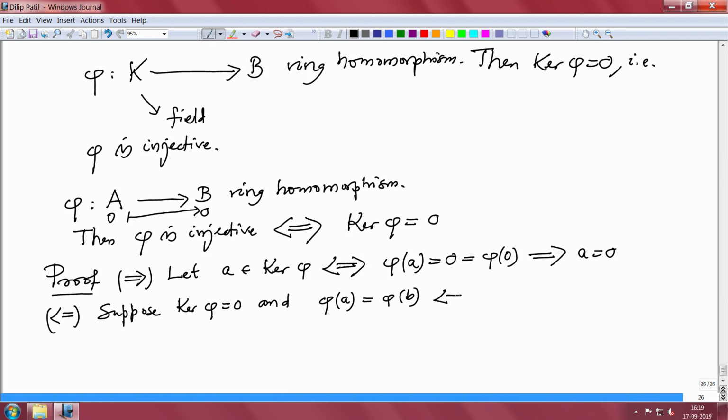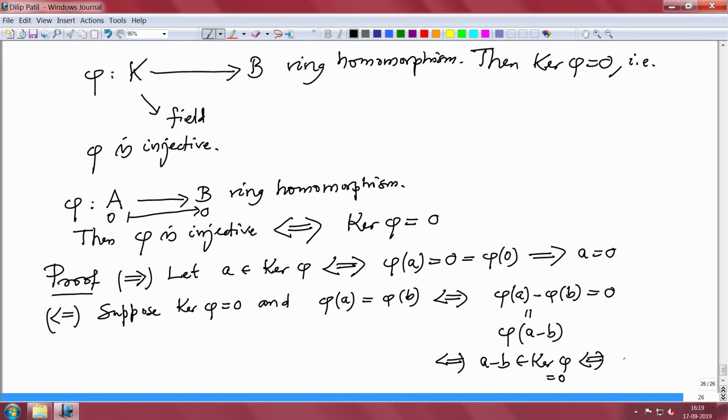But this is equivalent to saying phi of A minus phi of B is 0, and because it is a ring homomorphism, this is phi of A minus B, which is 0. That is equivalent to saying A minus B is in the kernel of phi, that is equivalent to saying this is 0. So A equal to B. So that is one way to test. In this case, A will be a subring of B. Okay.